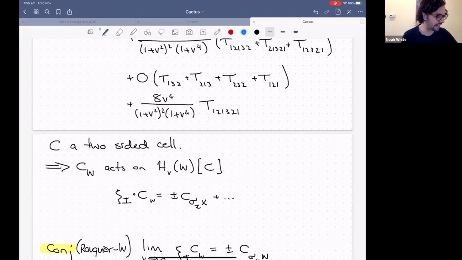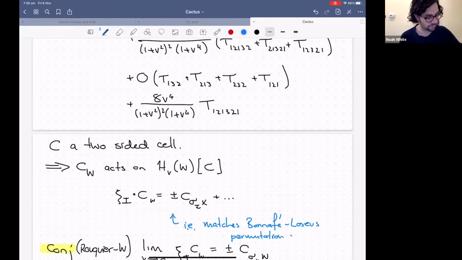So what I'm really saying here is that it matches Bonnafé and Losev's permutation action. But there's extra information. These linear actions of the Cactus Group carry extra information.